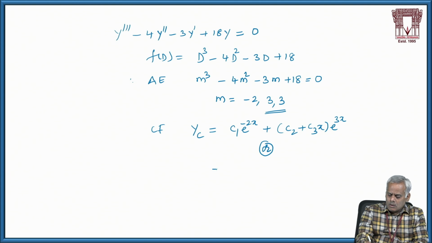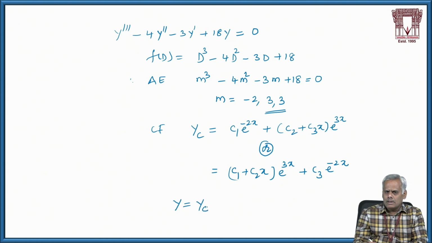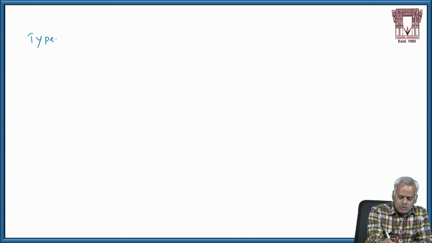Or the complementary function y suffix c is equal to (c1 plus c2x) e power 3x plus c3 e power minus 2x, and hence the complete solution is y is equal to yc.